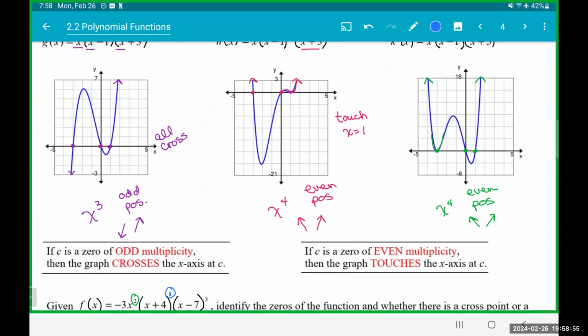So when we're talking about turning points, our turning points are really just n minus 1. Well, this n is my exponent, right? So in this problem, it would be 4 minus 1.